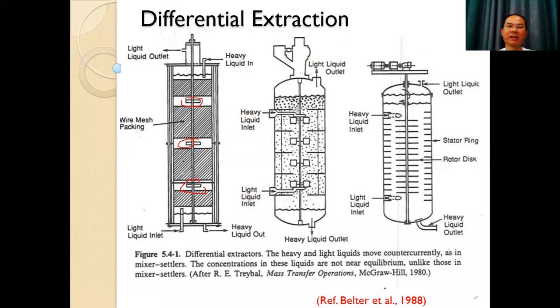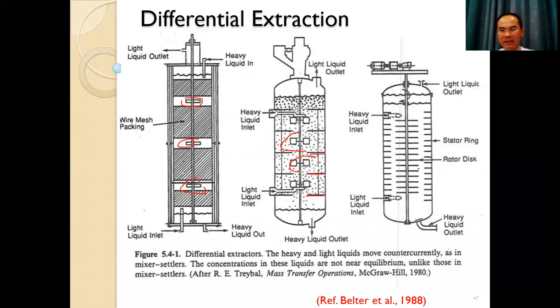That is called counter current flow. But there is no packing for this; instead there are plates, and we have a mixer so the two phases can contact each other and transfer mass.